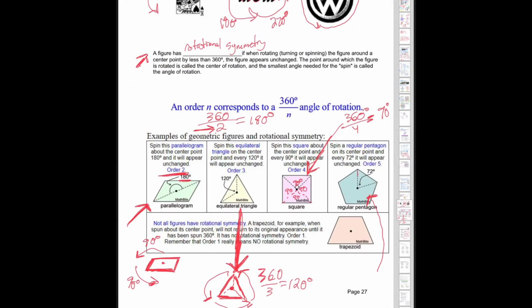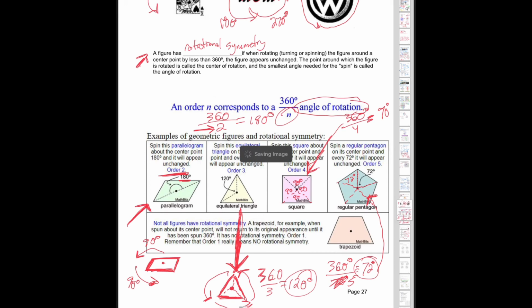So if you spin this every 72 degrees, you will have the same figure. So 360 divided by 5, our order, gives us the 72 degree angle of rotation. So 360 divided by the order gives us the angle of rotation.